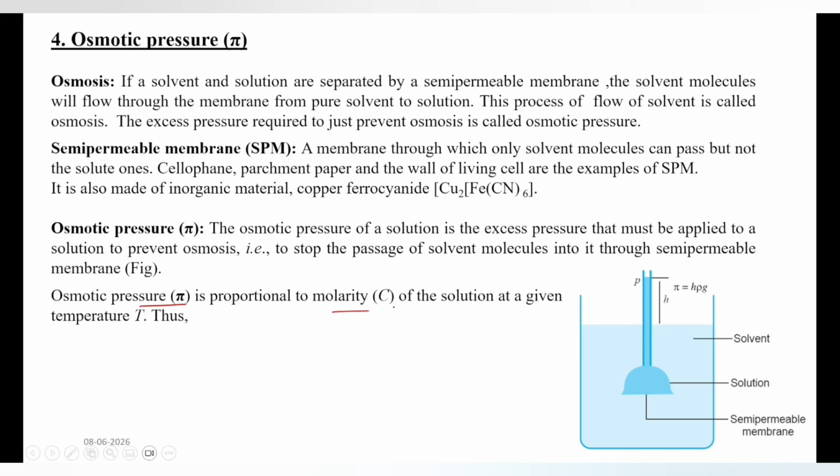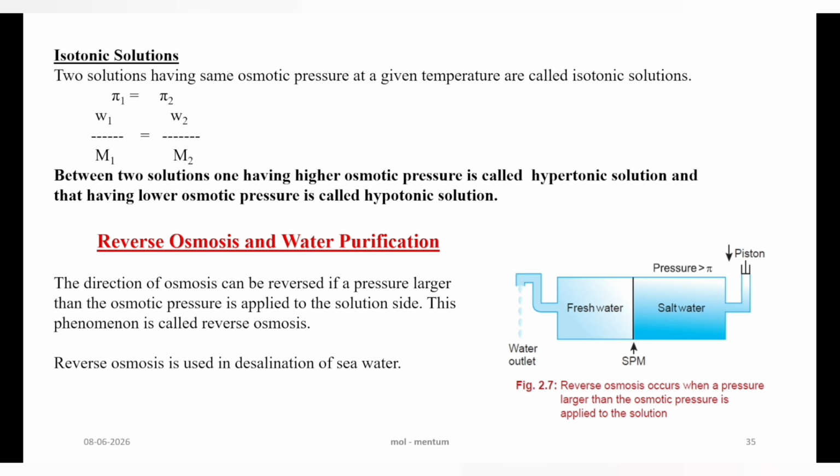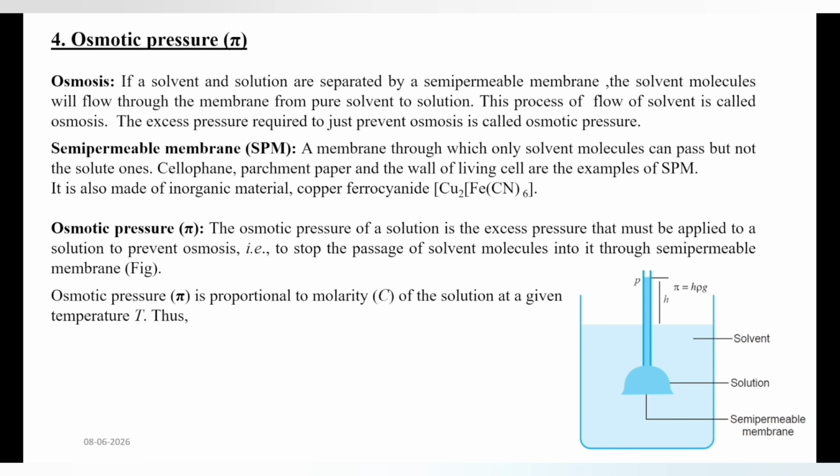Since osmotic pressure varies directly with concentration, we can use an equation we know: PV equals nRT, the ideal gas equation. P is pressure, and similarly pi is also pressure, osmotic pressure.